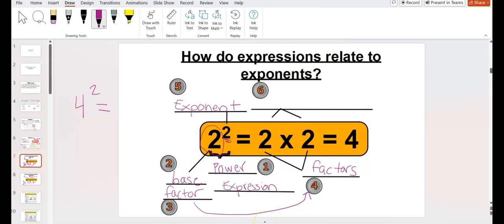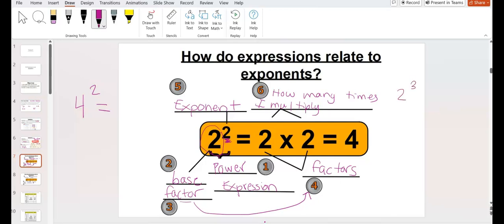So this base is the number I'm multiplying, and then the little number is not what I'm multiplying by. That is how many times I multiply. So that little number right there, that exponent, is going to tell you how many times you're going to multiply your factor, which in this case is 2.